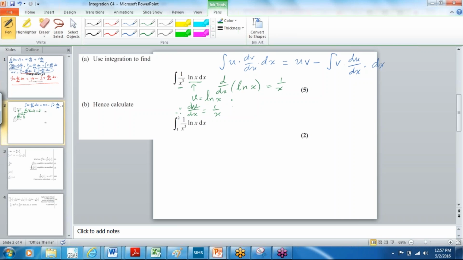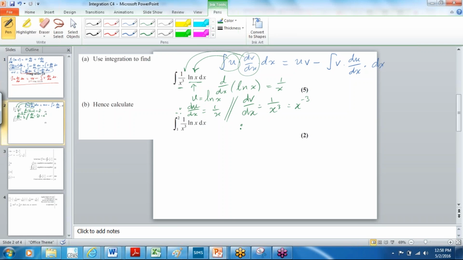You already know that. So we want to pick one to be u and one to be dv/dx. We pick the natural log of x to be u, and this one we pick to be dv/dx. So dv/dx is x to the negative 3.